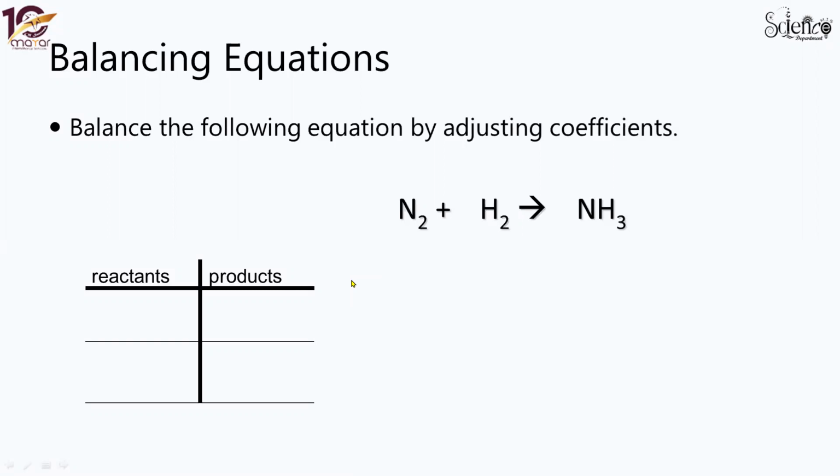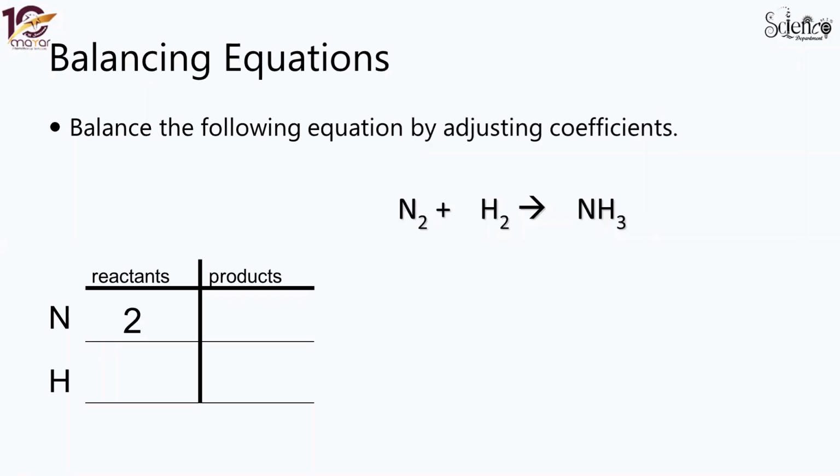Okay. So one way to start balancing, maybe you're going to prefer it in the beginning, is to count the number of atoms in reactants and products. You can do this table. It just makes it easier for you as a start. So I'm going to see how many nitrogen atoms and how many hydrogen atoms in reactants and products.